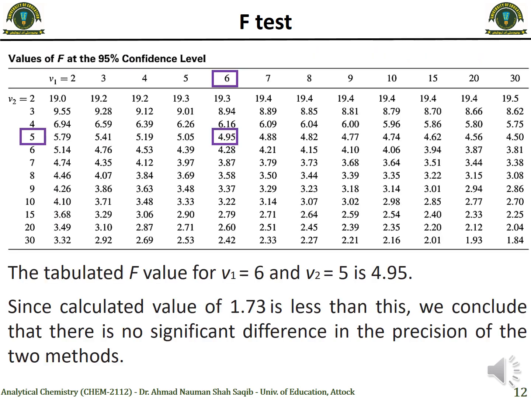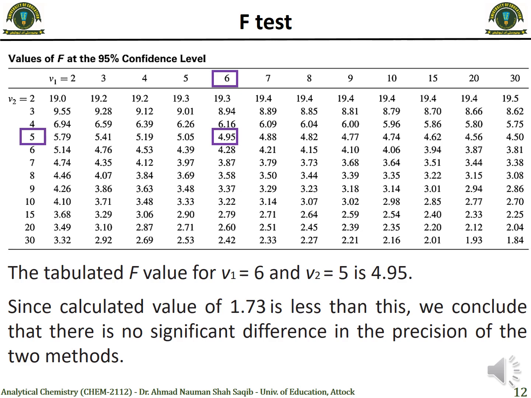Here for our method we have 7 samples, which means 7 minus 1, 6 degrees of freedom. So v1, as you can see, I have already circled, is 6, and 5 is for v2. So these are the degrees of freedom. When we take the cell where they meet, you can see that the value at 6 degrees of freedom for v1 and 5 degrees of freedom for v2 is 4.95. You can see that we have already encircled that.